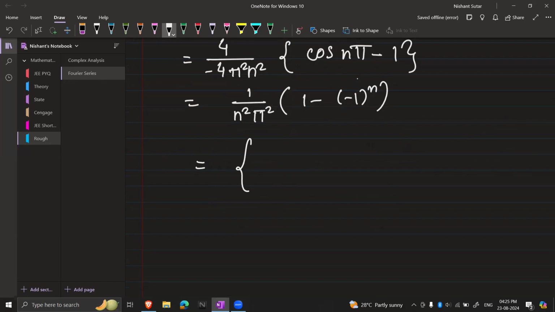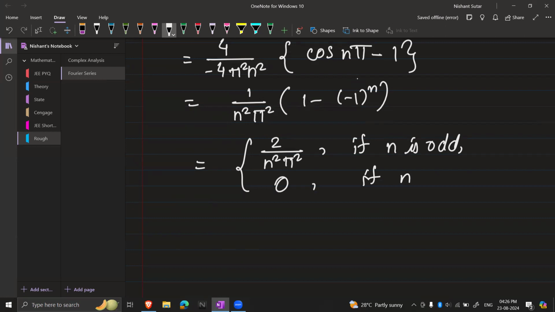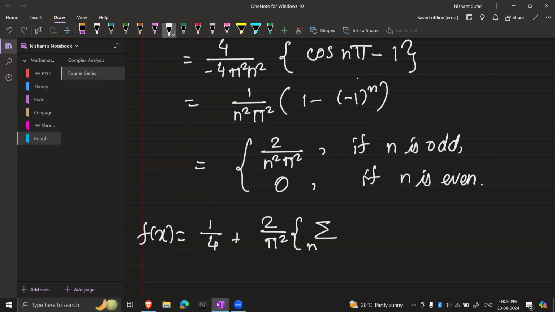So this quantity is actually 2 upon n square pi square if n is odd, and 0 if n is even. We will write the Fourier series. Fourier series will be f of x equal to a naught by 2, which is 1 upon 4, plus I will take 2 upon pi square common, and I will have summation n equal to 1 to infinity.